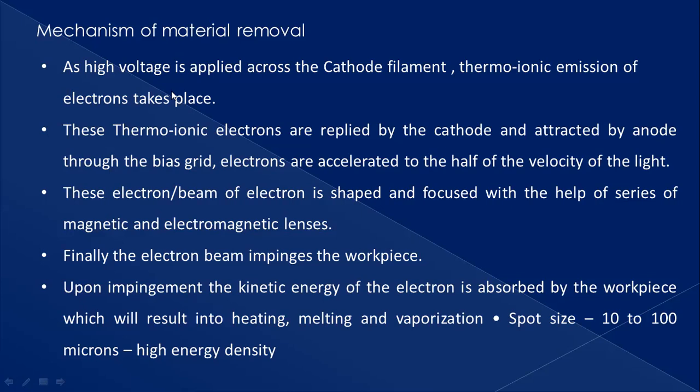Here, the kinetic energy of the electron beam is converted to thermal energy, and due to this thermal energy, at the location of the electron beam engagement with the workpiece, material gets removed. The spot size, this we already know.